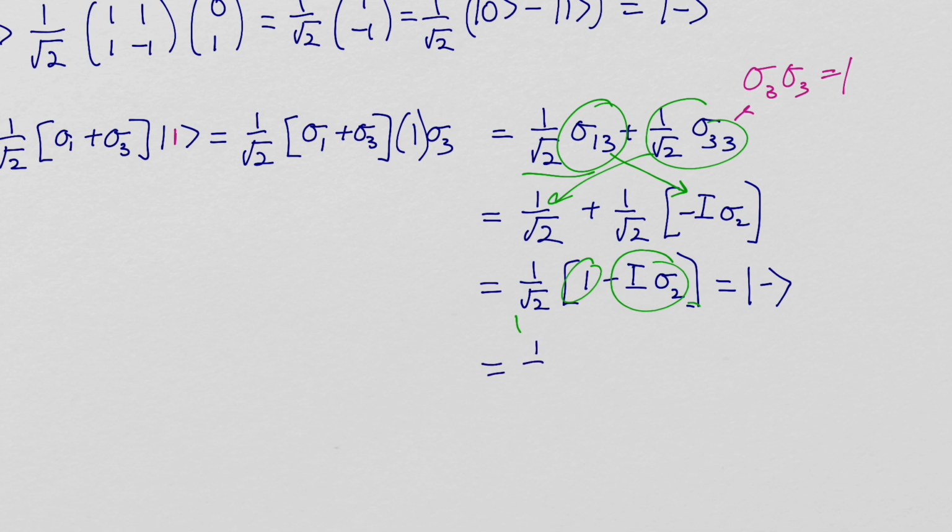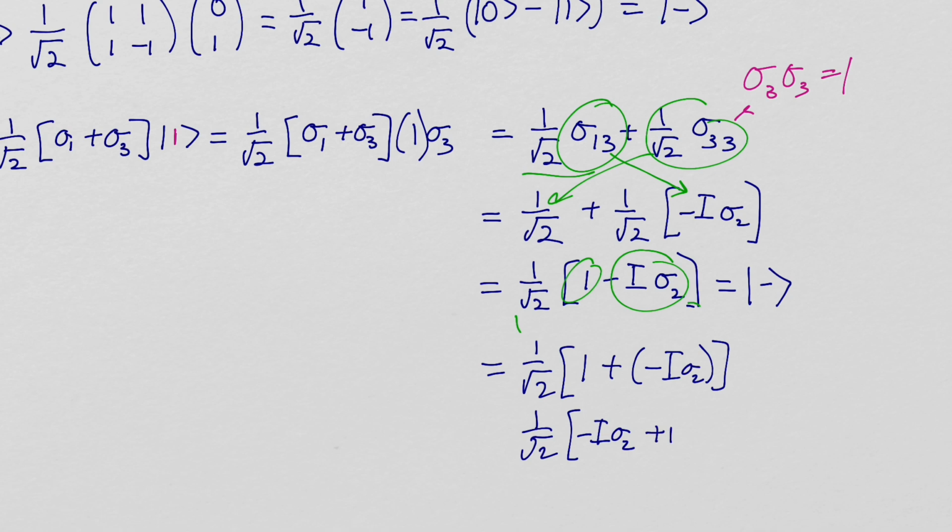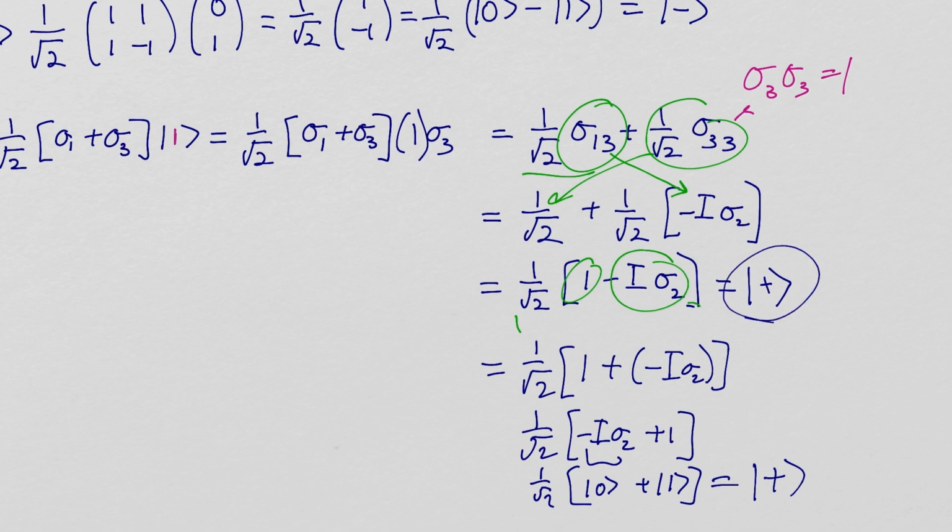It's 1 over square root of 2 times 1 plus minus I sigma 2, which is really the same as 1 over square root of 2 times minus I sigma 2 plus 1, where this guy is represented as 0 and this guy is represented as 1. That's 1 over root 2, but that's actually the plus state. The mistake I made is I put a minus there, but it's actually the plus state.